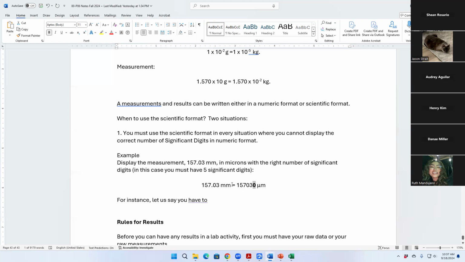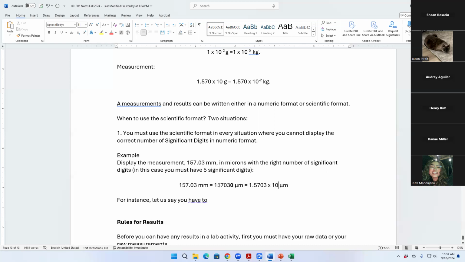This problem can be resolved by rewriting this measurement in scientific format. What do we do? We put here 1.57, right? And that eliminates the 0 that's not significant, and multiply by the power of 10.